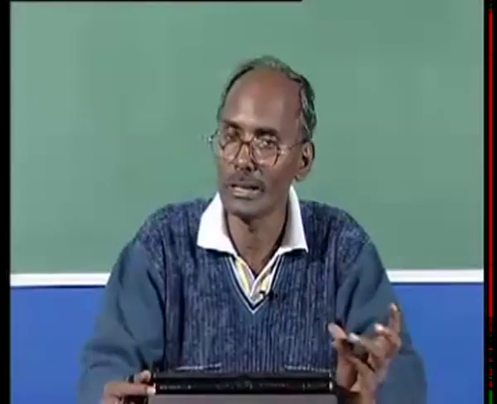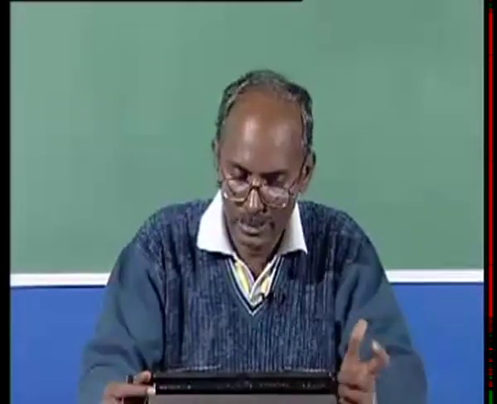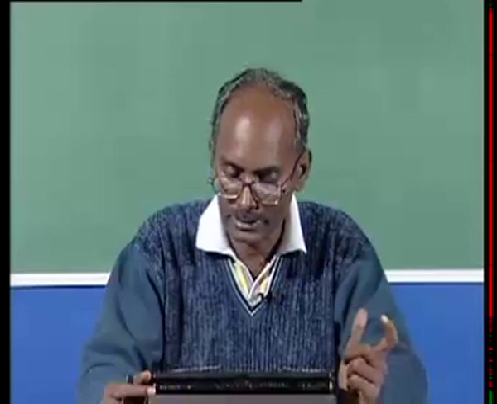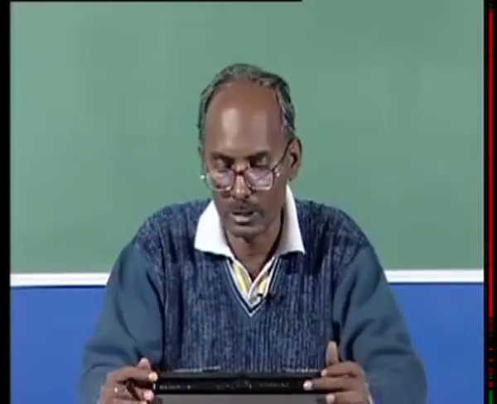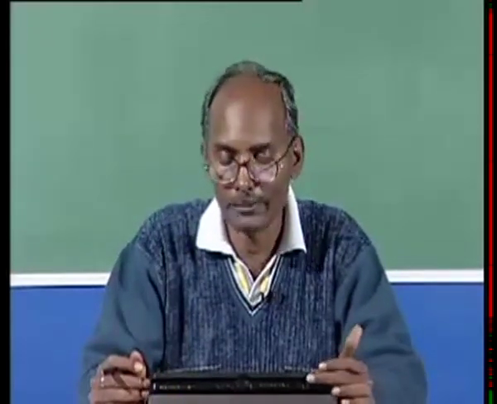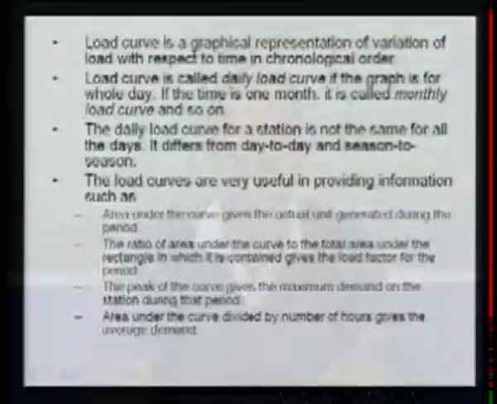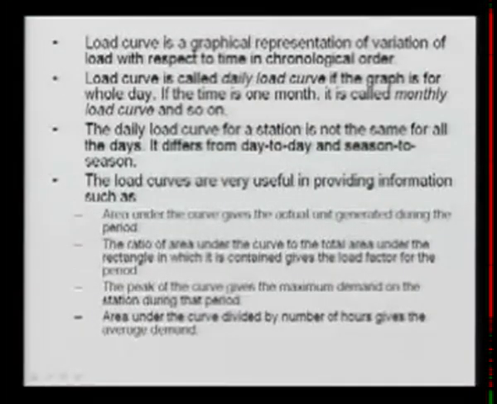So the load curve is very, very important. Based on that, we normally decide the rating, and sometimes even the siting is decided by the load curve. The load curve is a graphical representation of the variation of load with respect to time in chronological order, from 0 hours to 24 hours.